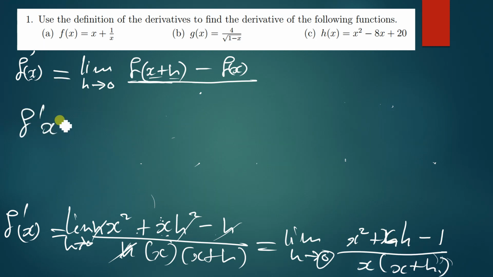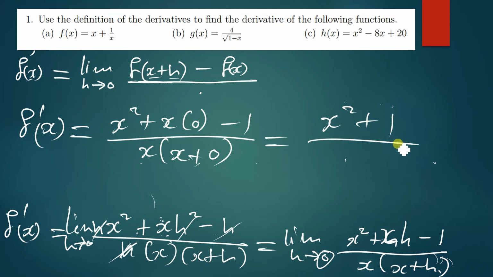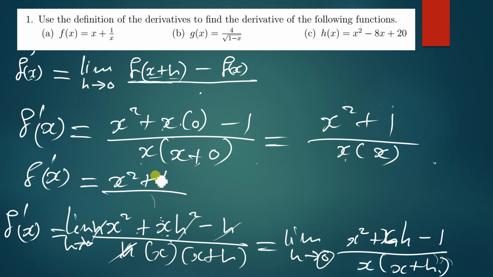Therefore, our f prime of x is going to be equal to x squared plus x times 0 minus 1, everything over x times x plus 0. So the solution will therefore be x squared minus 1 over, because 0 times x will give us a 0, then over x times x. So our f prime of x will therefore be equal to x squared minus 1 over x squared.